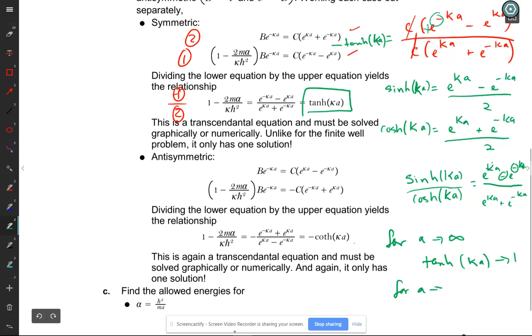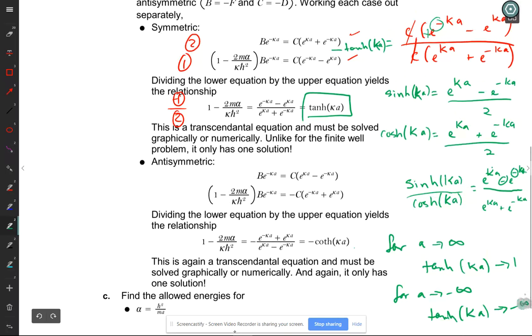And for a approaching minus infinity, it's going to be the ones with the minus exponents that are left. And so tanh of kappa a approaches minus infinity. Oh, -1. Wow. And so the tanh function is going to look something like that.